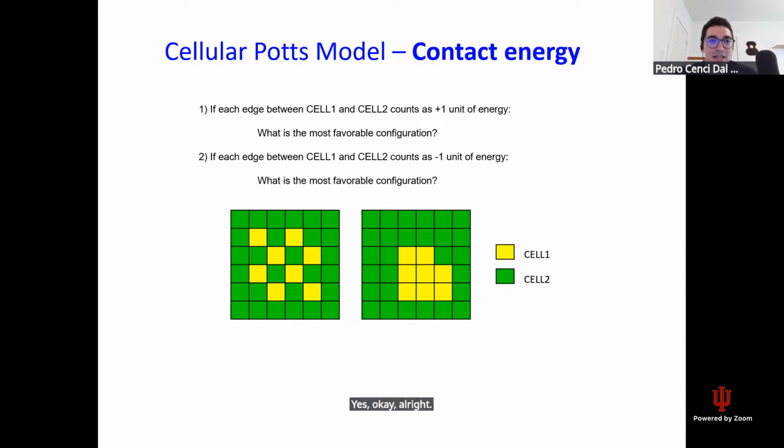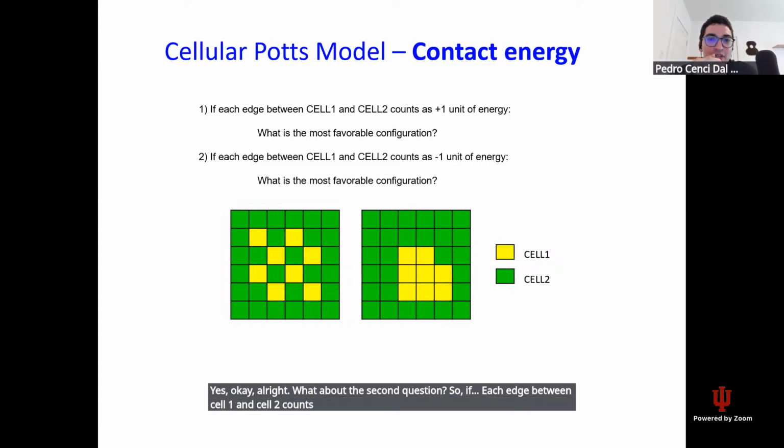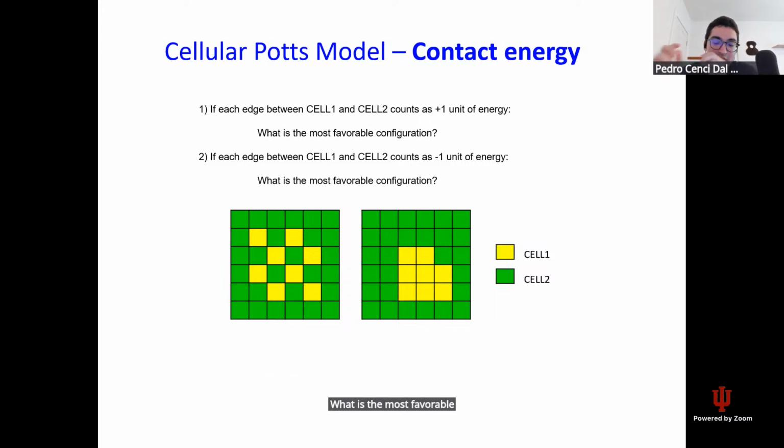What about the second question? So if each edge between cell 1 and cell 2 counts as a -1 unit of energy, what is the most favorable configuration? Suvani? Ritesh?